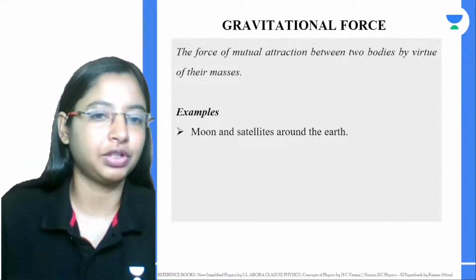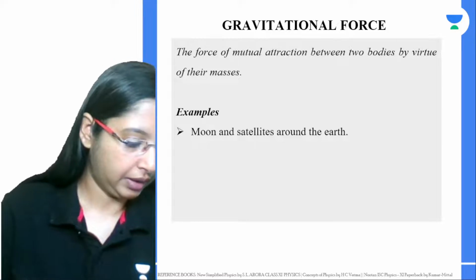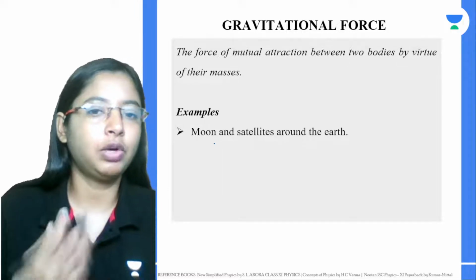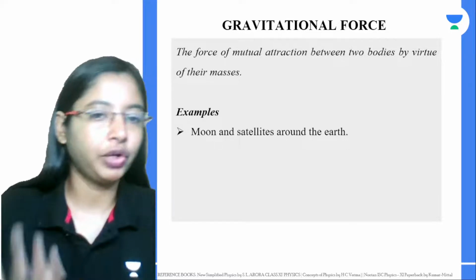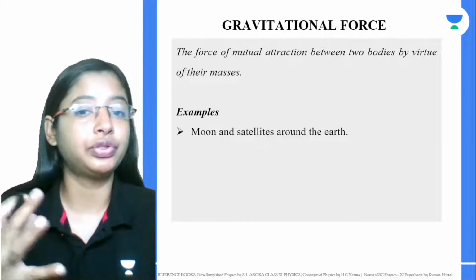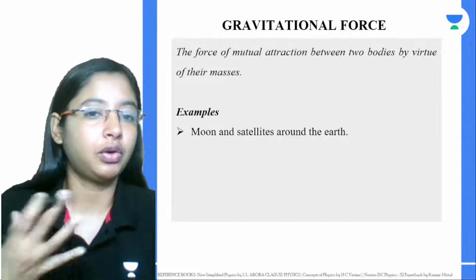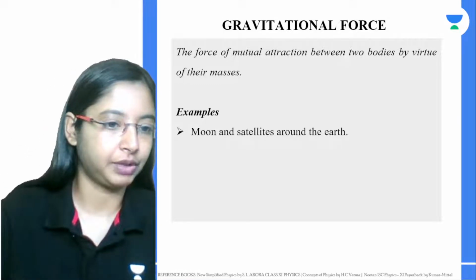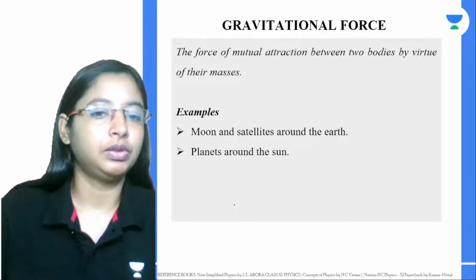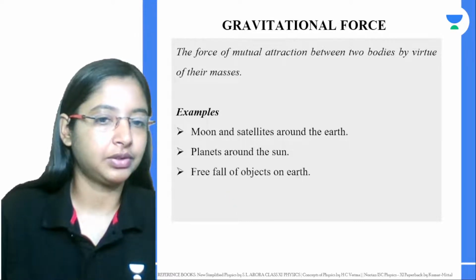That is because of gravitational force. Next, what is the reason for Earth going around the sun? That is because of gravitational force. The moons or satellites going around Earth, that's again because of gravitational force. Your planets around the sun, this is also gravitational force.